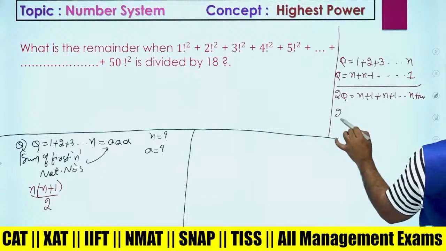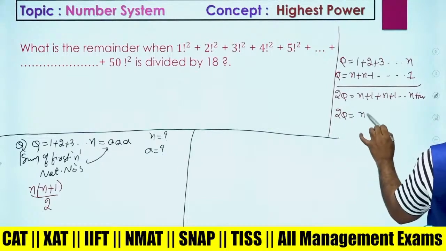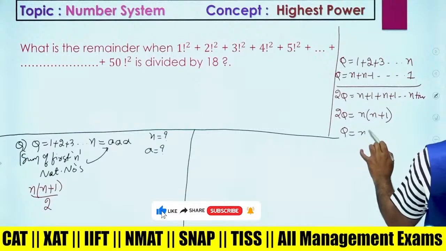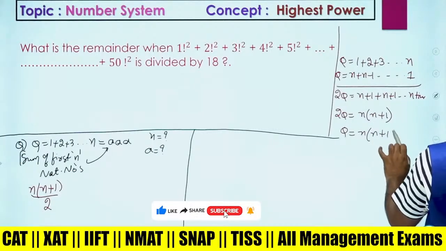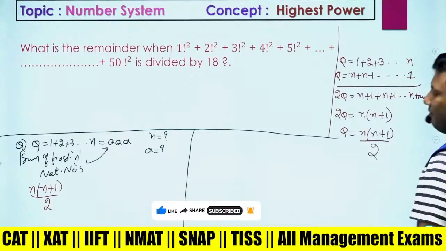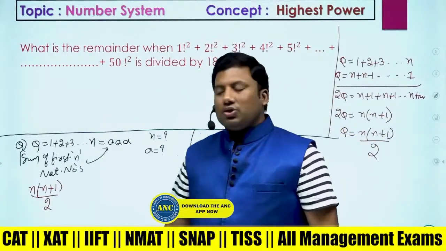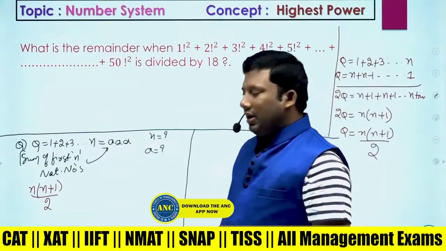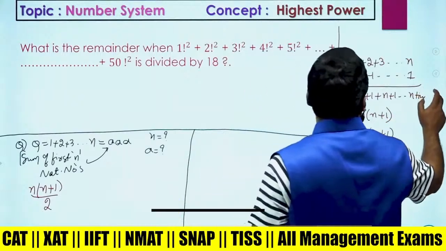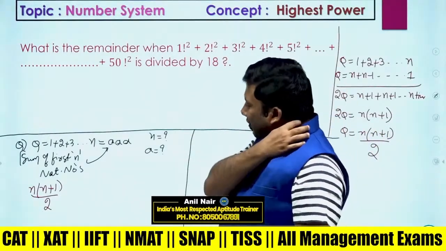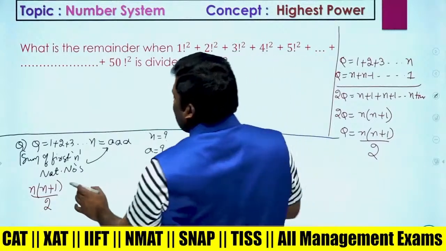It is n into n plus 1. Q will be n into n plus 1 divided by 2. Proof is given by n into n plus 1 by 2. Listen carefully, sir. N into n plus 1 by 2.